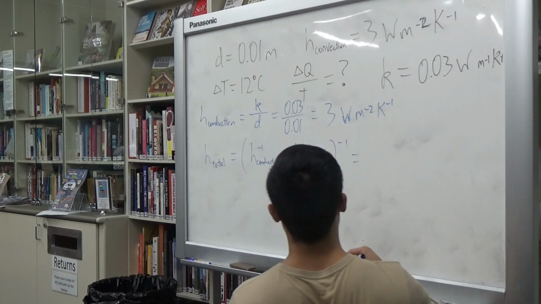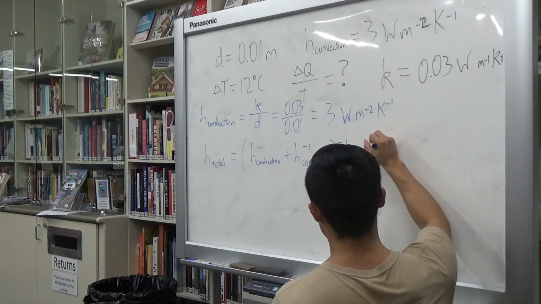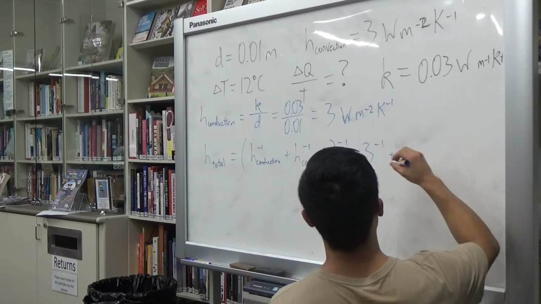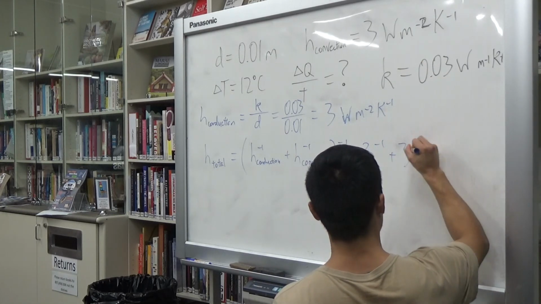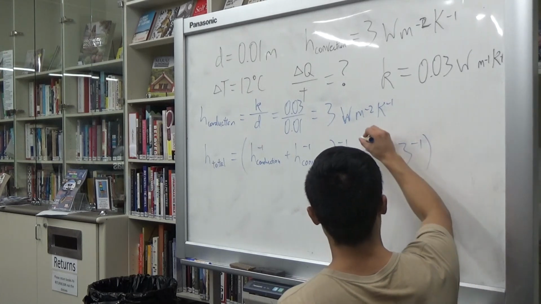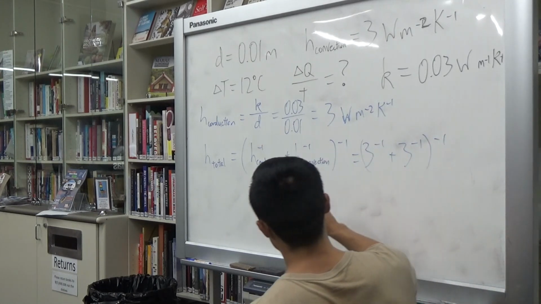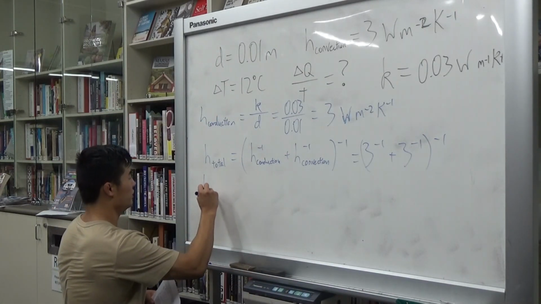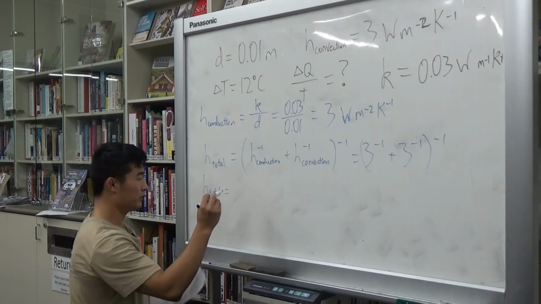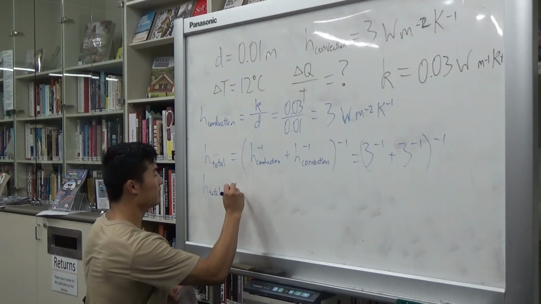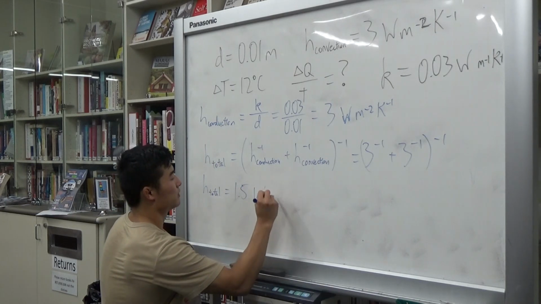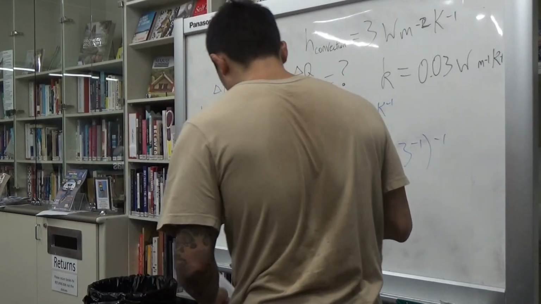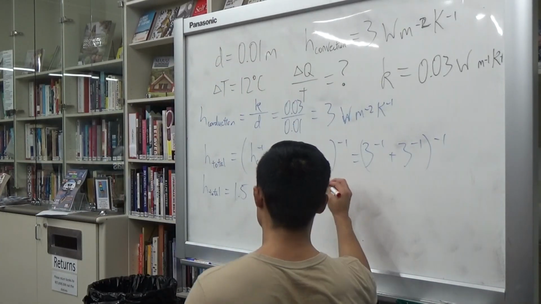So H of conduction is 3 to the -1 plus convection is also 3 to the -1, all of that to the -1. So H total is equal to 1.5. Okay. All right. So now we have the H total, which is what we need.